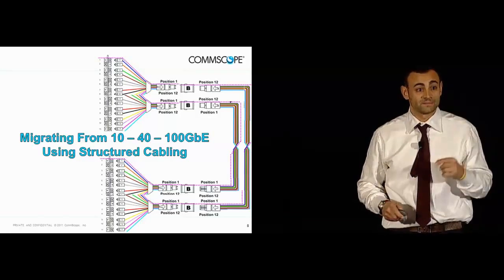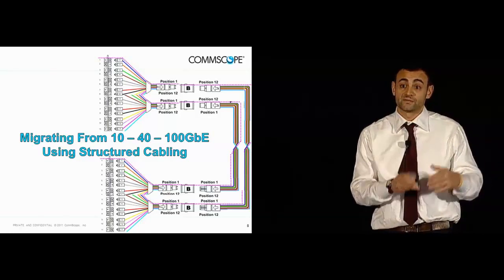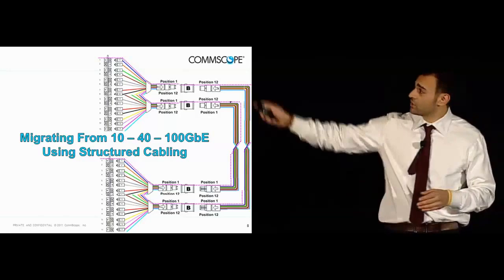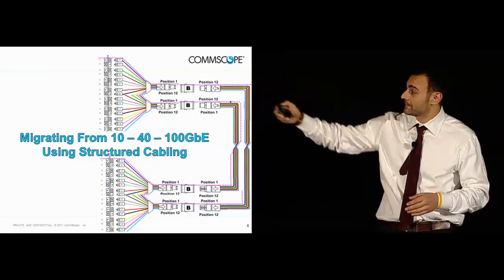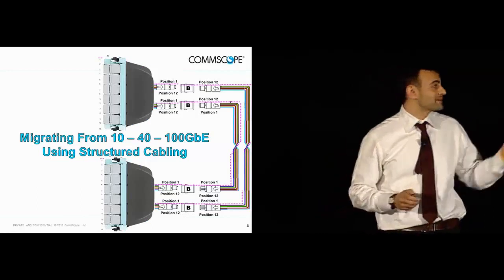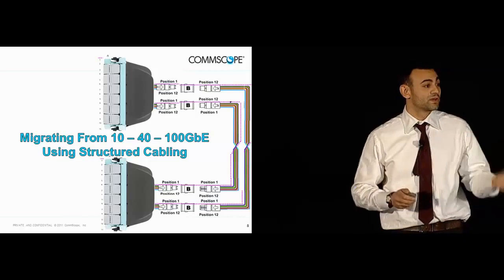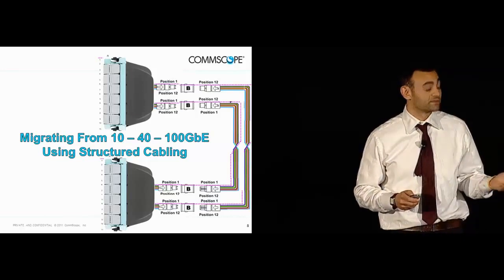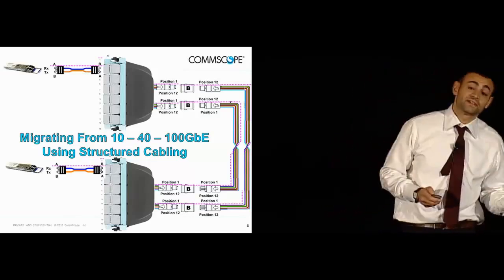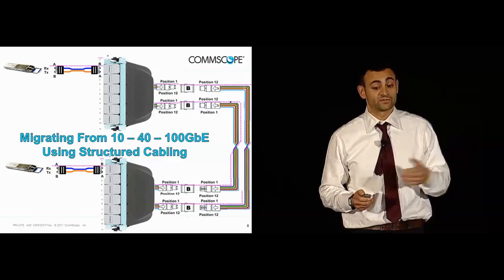Keep this in mind, because this plays into your migration strategy from existing 10 gig to 40 and 100 gig. Don't be so worried about the fan-outs on the top and bottom. The magic happens under the covers, and your 12-fiber connector is converted to duplex LC connectors on the front. Out of the duplex LC connectors, we have QSFP plus optics, and this is your standard 10 gig link today using structured cabling.